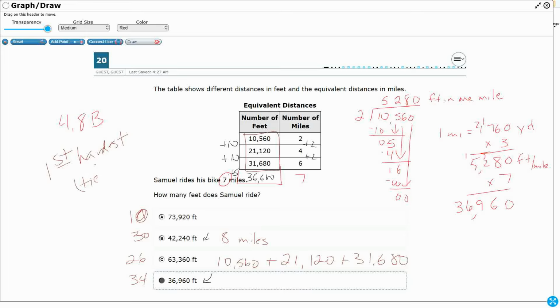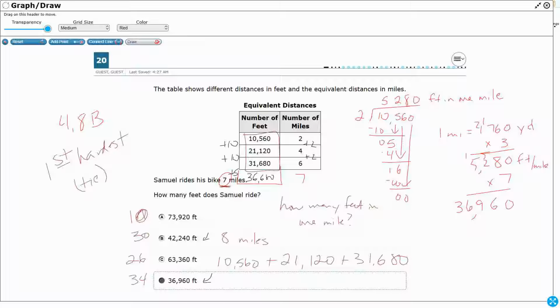Now, this really kind of gets close to what we talk about in sixth grade, which is unit rate. And so before students tackle this, they have to find the rate of how many feet in 1 mile. If they can visualize or verbalize that, then they will know that they can just multiply that by 7 to get the answer.